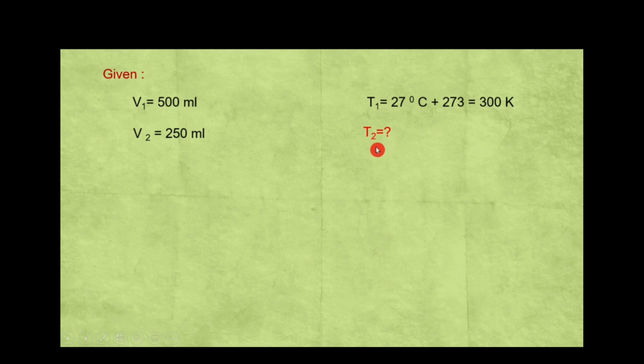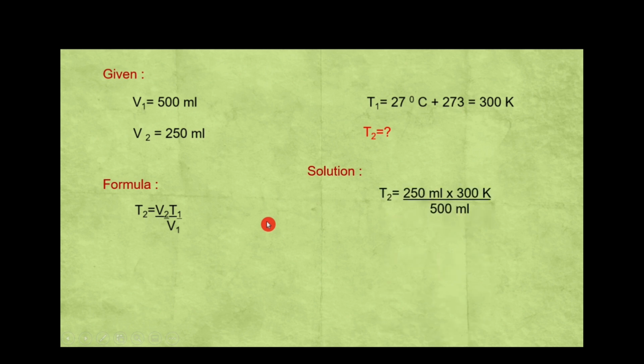So you are required to solve for the final temperature. And the formula is final temperature, or T sub 2, is equal to final volume, or V sub 2, times initial temperature, or T sub 1, divided by V sub 1. Solution. So just substitute the given quantities.